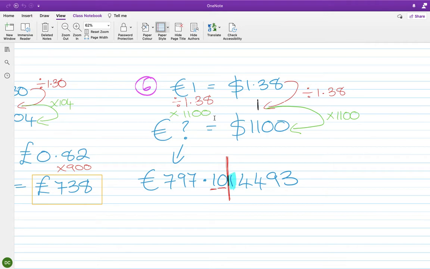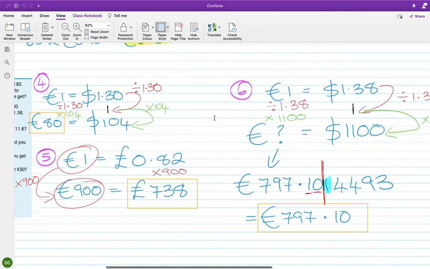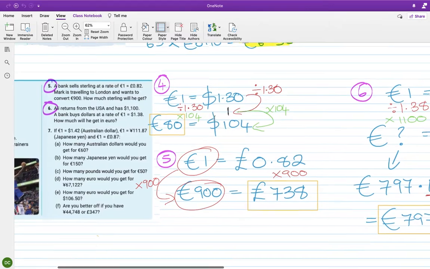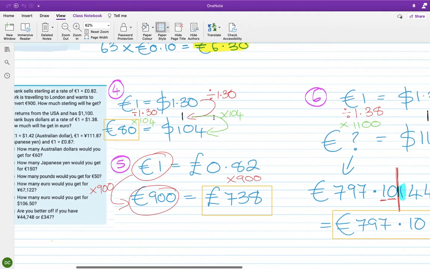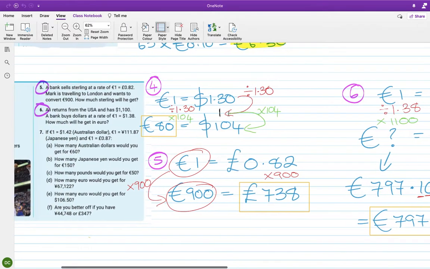That 1 is not going to be big enough to have any effect on the previous number. So it's just 797.10. And I think that is the answer. So for her $1,100, she is going to get €797.10.